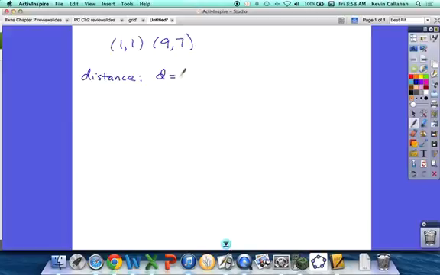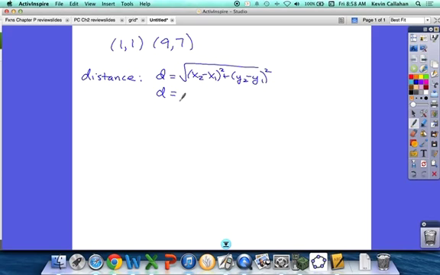D equals the square root of x2 minus x1 squared plus y2 minus y1 squared. So just in a very programmatic kind of way, you could just plug in the formula if you remember the formula and get a distance.